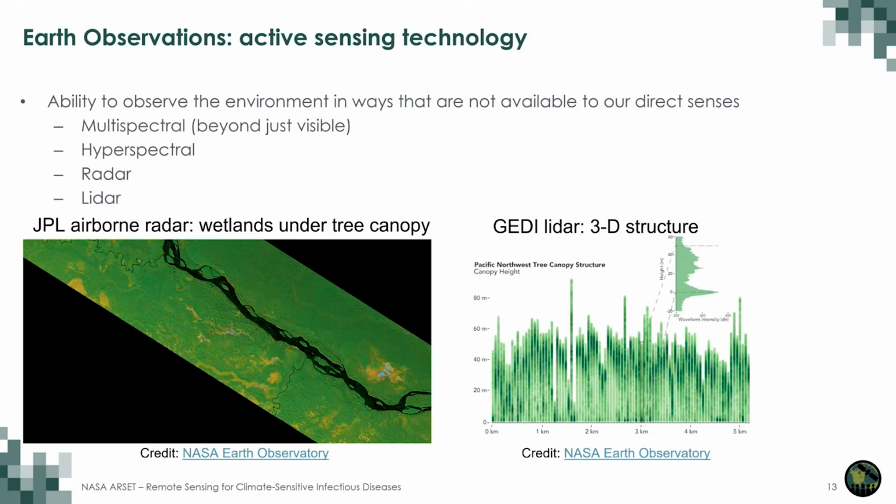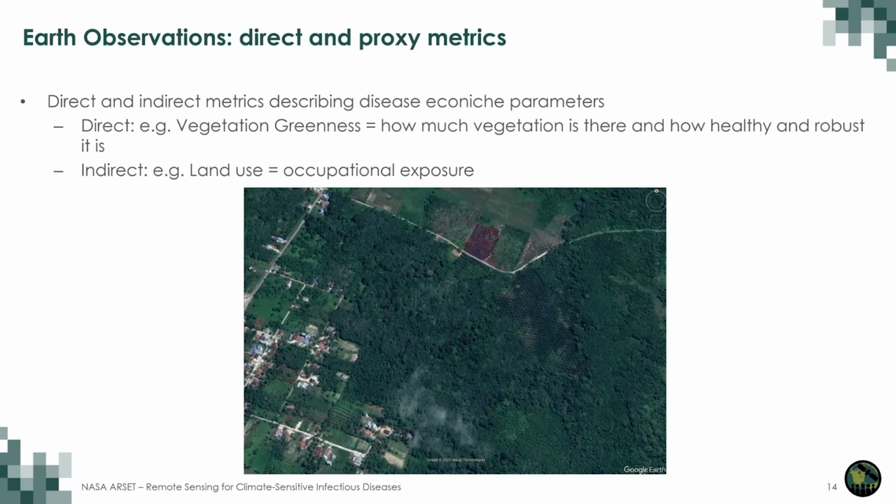Not only can we see the top of the canopy and then the ground signal, but we can see how the density of the canopy is distributed within the forest structure, and it helps us to characterize the habitat for different species, as well as for vectors and other components of disease recognition.